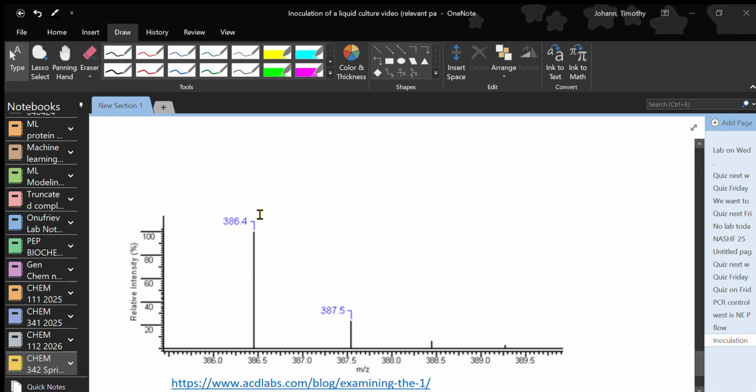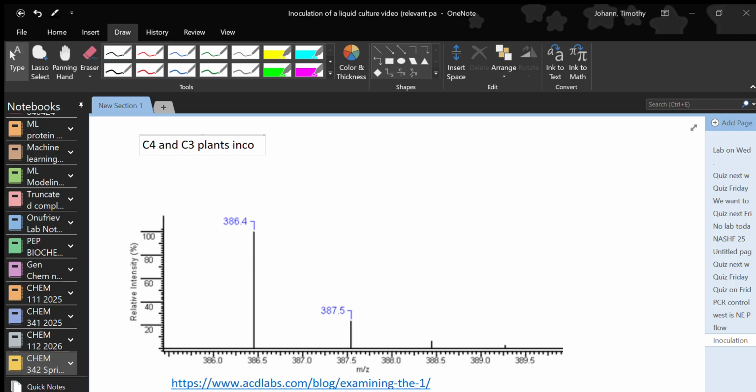So C4 and C3 plants incorporate carbon-13 at different rates.